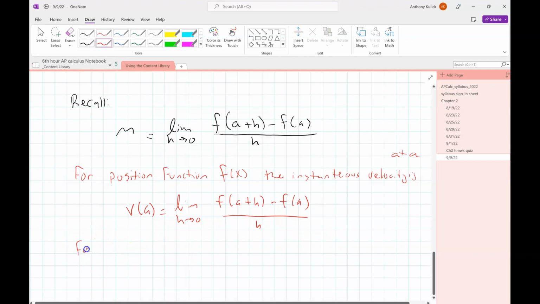And if I have a velocity function, then my instantaneous acceleration at a is, well, it's the same thing, right?